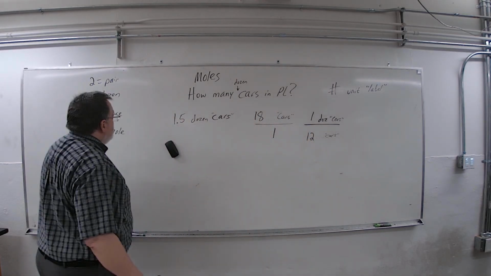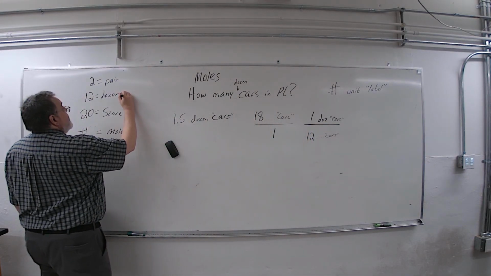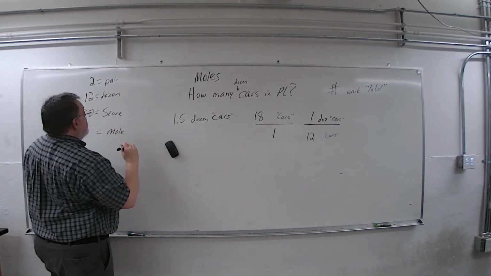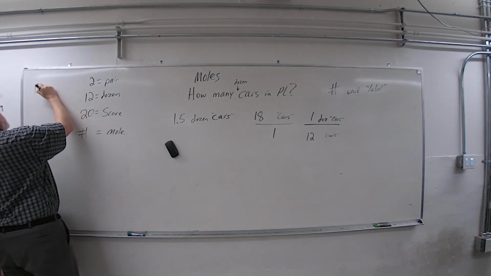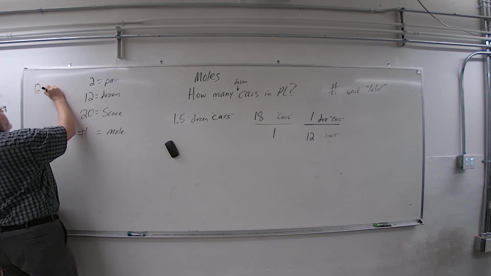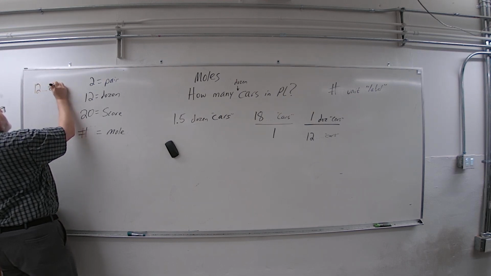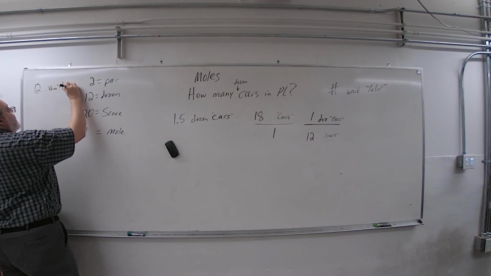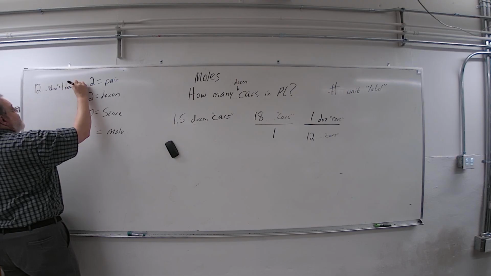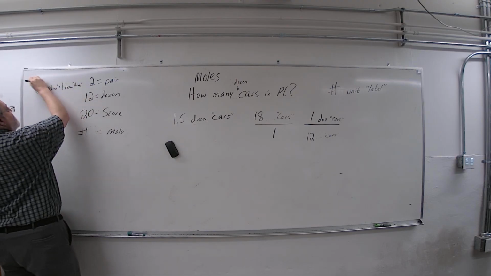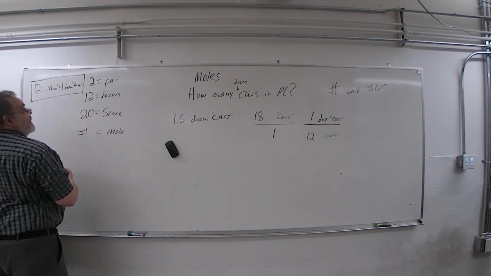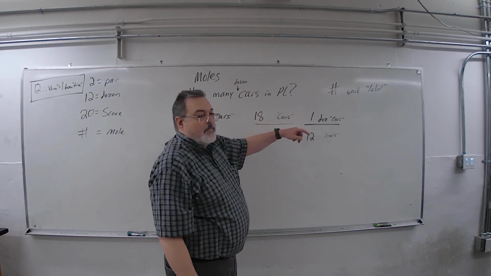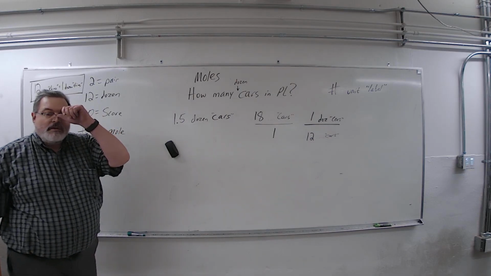That's your conversion factor. This way I write it: 12 things equals 1 dozen. That's the conversion factor. And you're either going to use it like that, or you're going to use it flipped over, depending on the context.